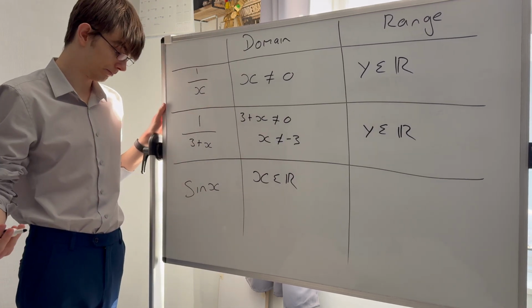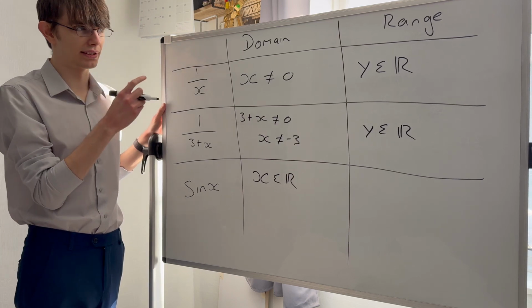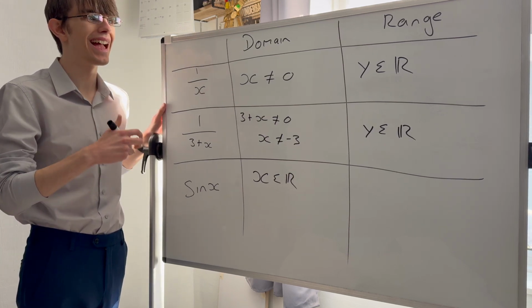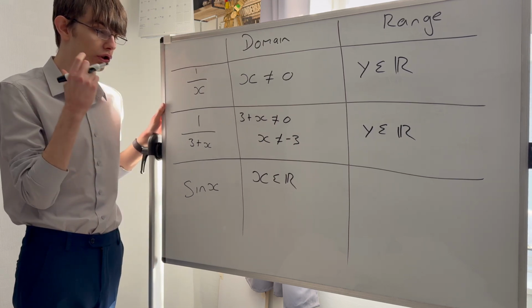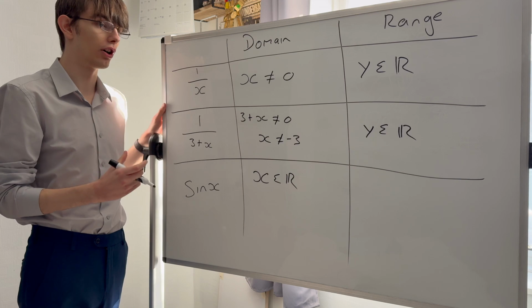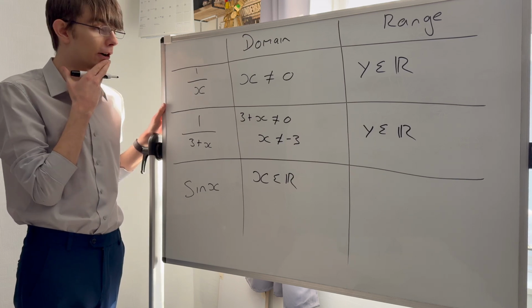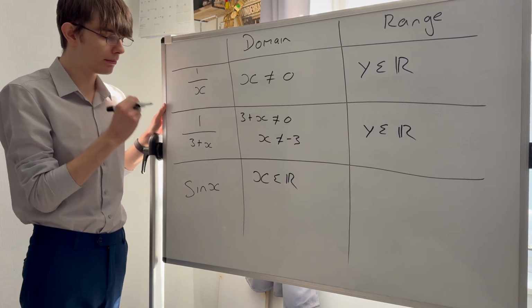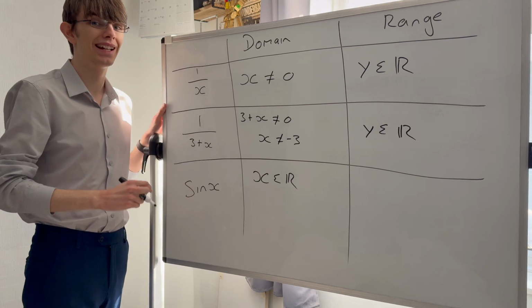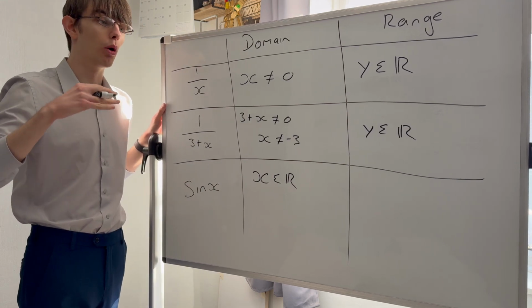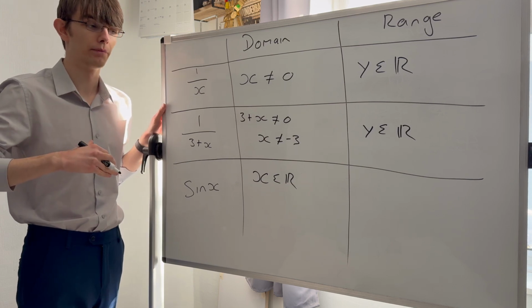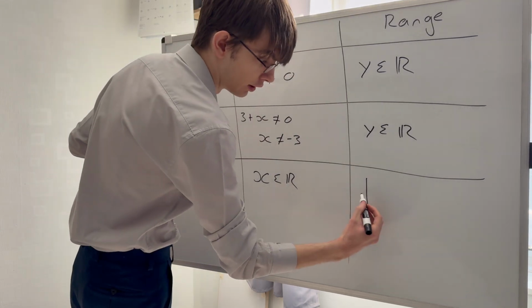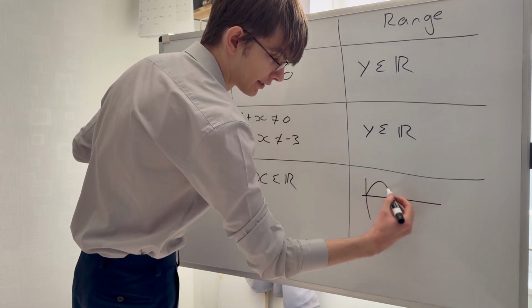But can I get any possible output? Are there restrictions on the outputs of sine? Well, yes, there are. No matter what number I put into sine of x, it will never go above 1 and it will never go below -1, right? We should know this from the graph. We have the graph of sine x.